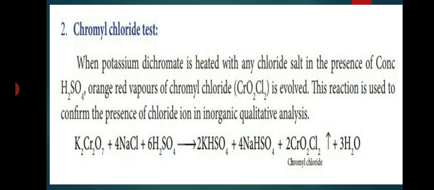Any chloride, when combined with potassium dichromate and concentrated sulfuric acid, is converted into chromyl chloride, that is CrO2Cl2, red orange vapors. So liberation of red orange vapors is an indication for the presence of chloride ion.